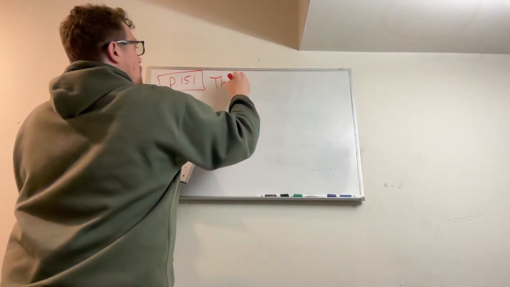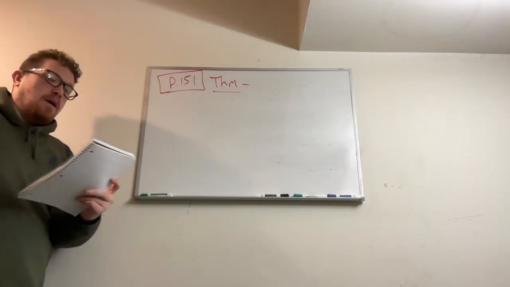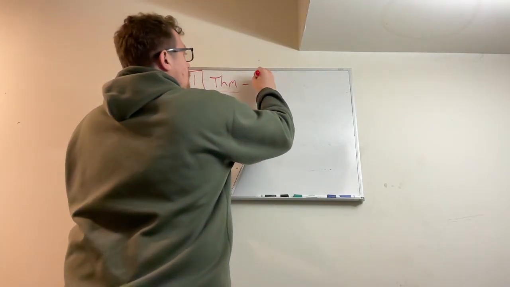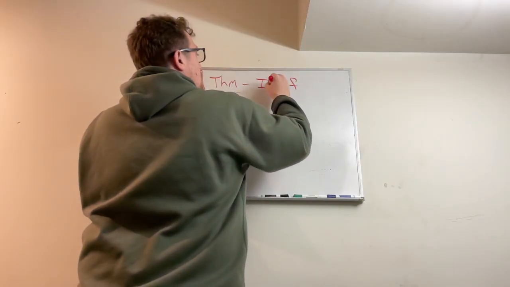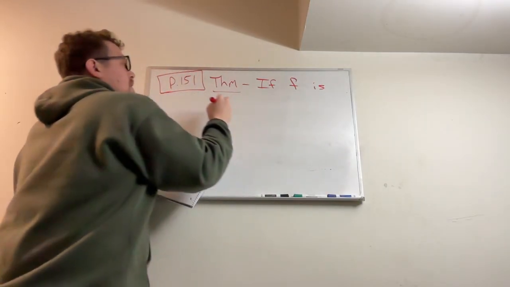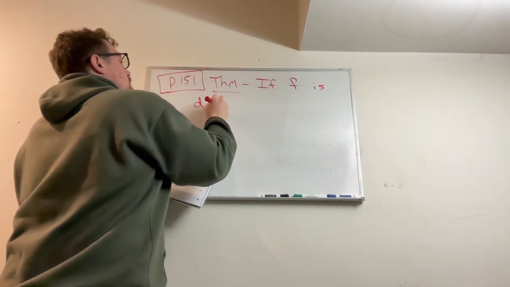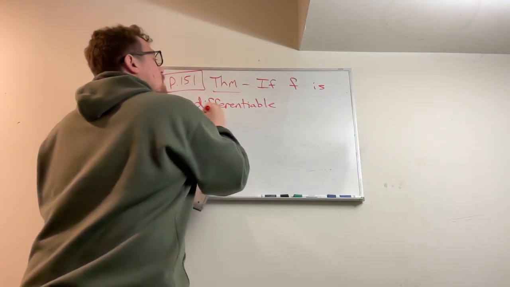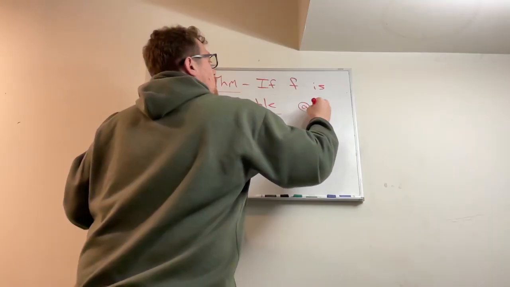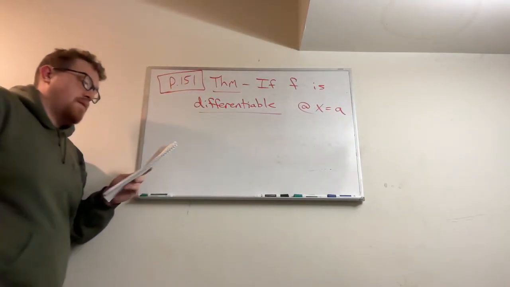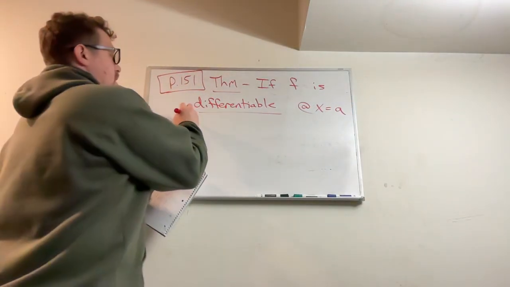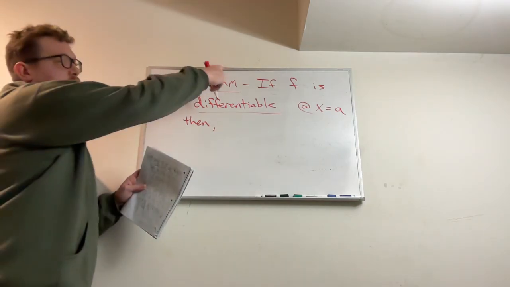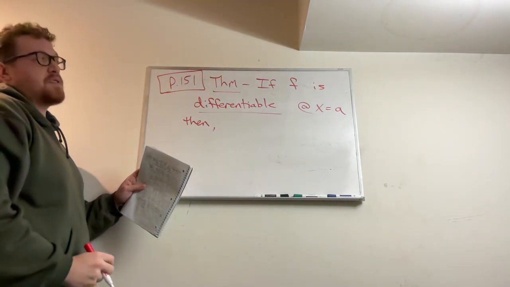And this is a theorem. The theorem says that if f is differentiable at a point x equals a, then, importantly, it's also continuous at that point.